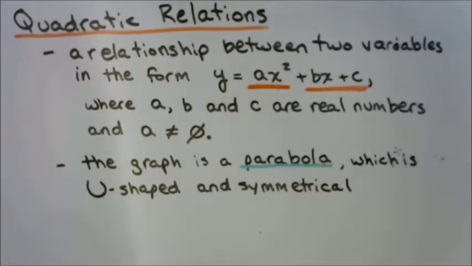It is U-shaped and symmetrical. This point that it's symmetrical is going to be very important as we're doing applications of quadratic relations and the parabolas, the graph of a quadratic relation.